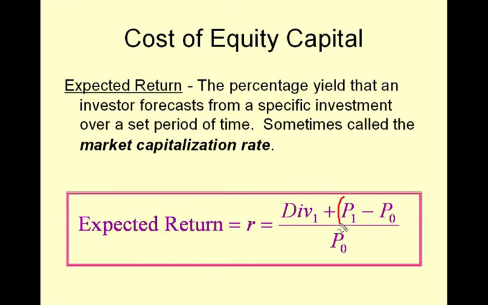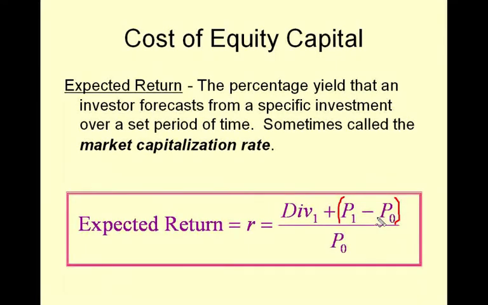I'm going to just put brackets around it. The difference between P sub 1 and P sub 0 is a capital gain that the investor would earn if the stock price has risen. So the investor gets two things by buying and holding and then selling a share of stock for a year. One is a dividend payment and the other is the capital gain.